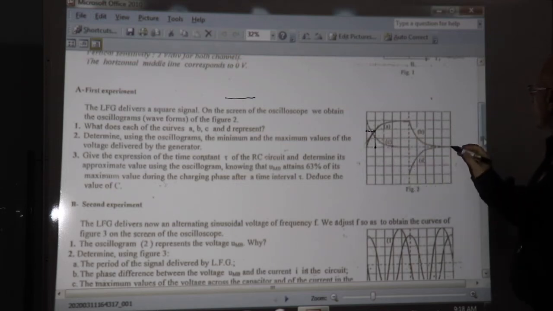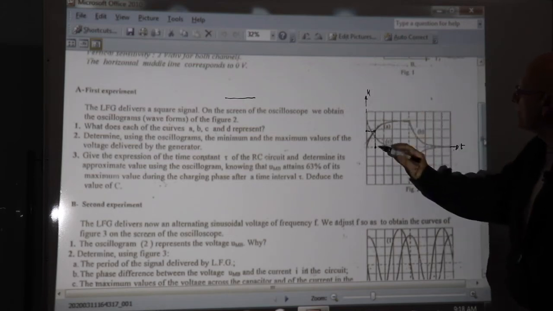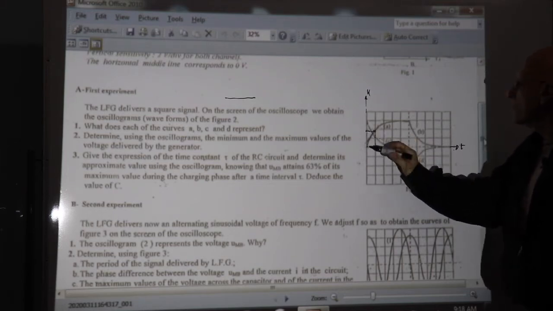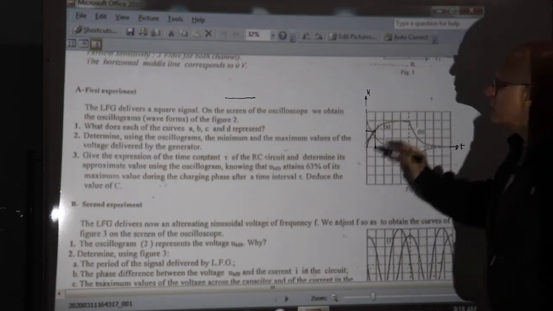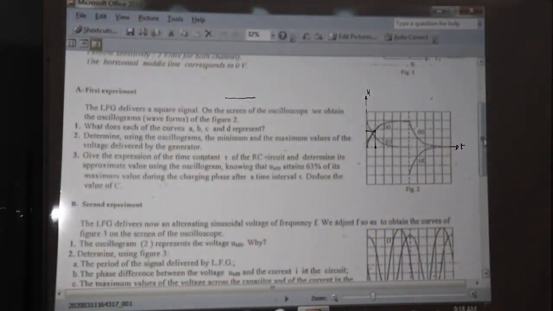Since this is the t-axis, don't forget, and this is the u-axis. So this is tau. I have used the definition of tau. So tau represents 1 division.